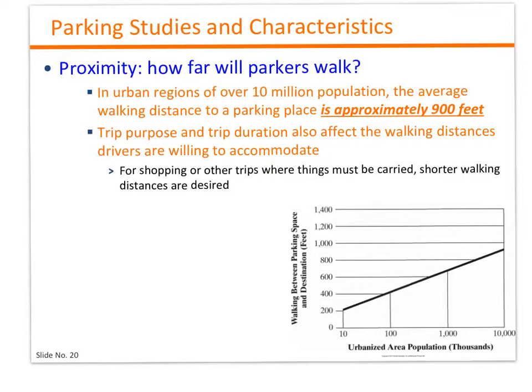What do I mean by trip duration? If you are driving for 2 hours to reach a certain destination, then you would be willing to park your car somewhere, and I think you would have more willingness to walk a little bit longer compared to a daily trip to your work.